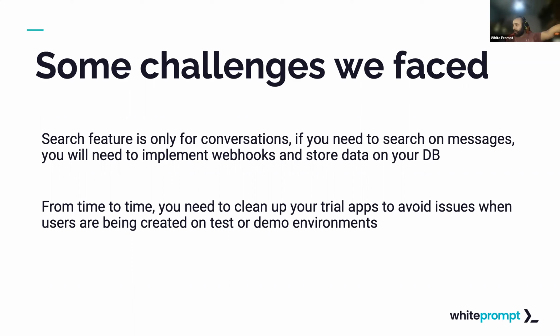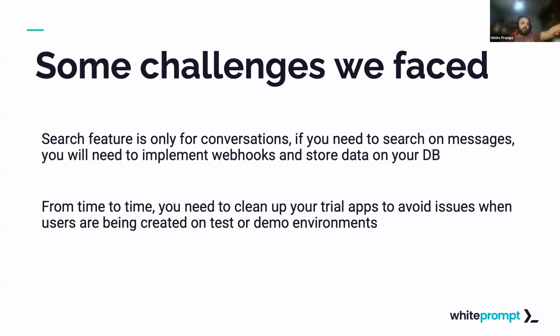You need to use another method that will let you search for messages, but just in a single conversation. So in order to make this happen, what you need to do is to implement the webhooks Cometchat has in order to store the content of the messages you want in your own database, and then you can look up through the messages there.